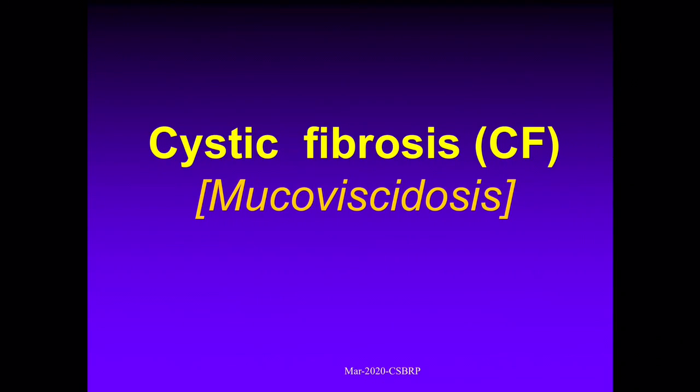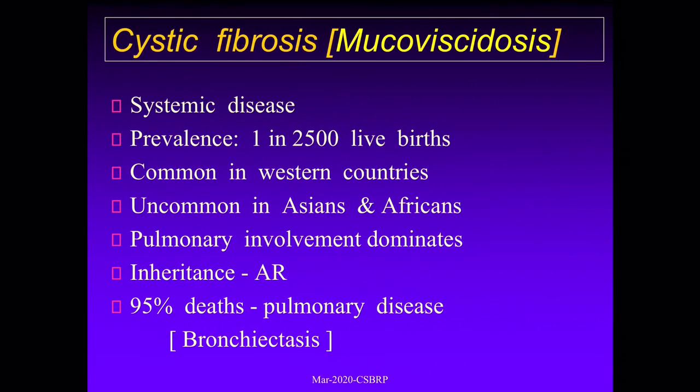And coming to another disease which is associated with bronchiectasis, cystic fibrosis, otherwise known as mucoviscidosis. As the name itself indicates, the mucus secretions in these persons are viscid and very tenacious. So cystic fibrosis is a systemic disease.